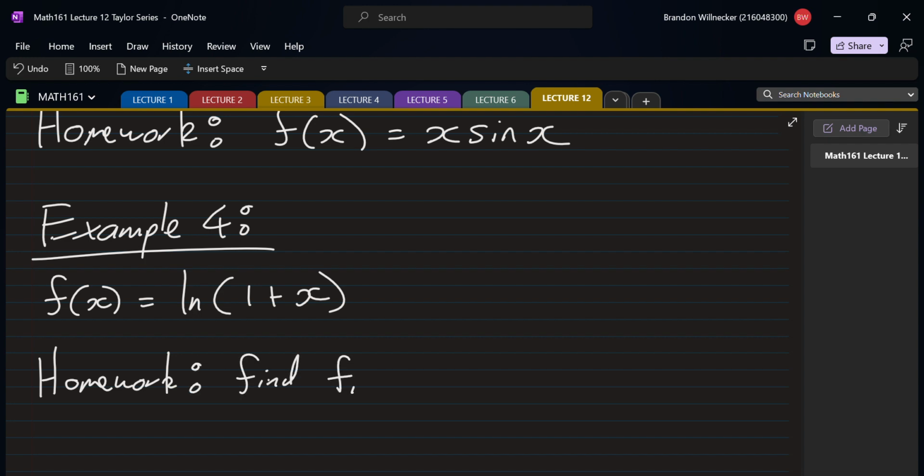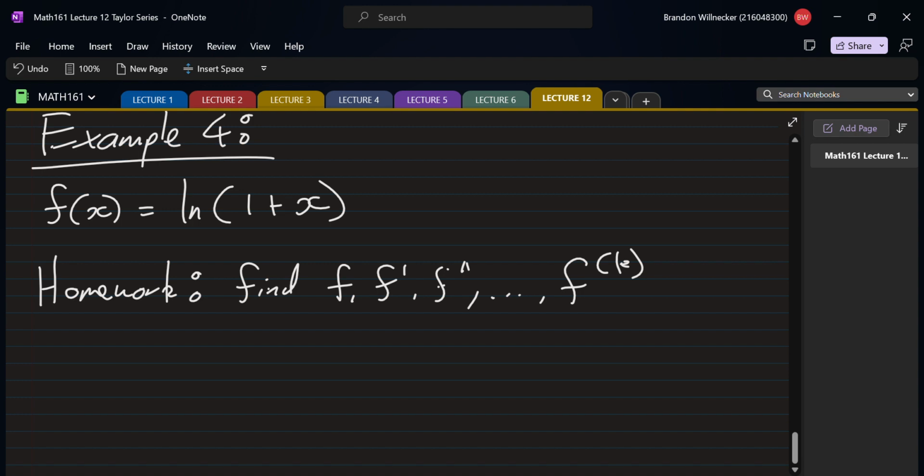Find f prime, f double prime, and eventually f the kth derivative, and try to find the Taylor series using that method. I'm going to show you a different method that we can use that's a little bit easier. I think it's easier, but if you want to stick with the other method, that's fine as well. Any method you use is perfectly fine.